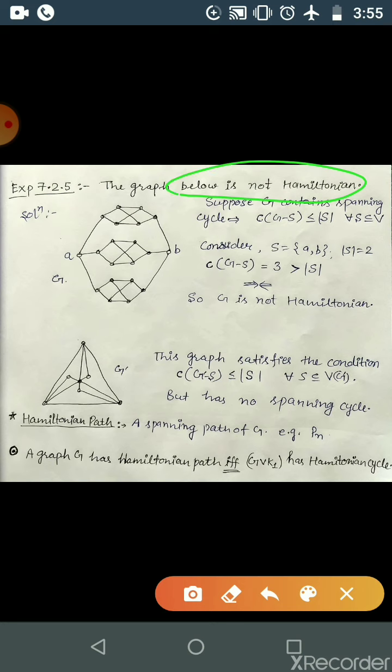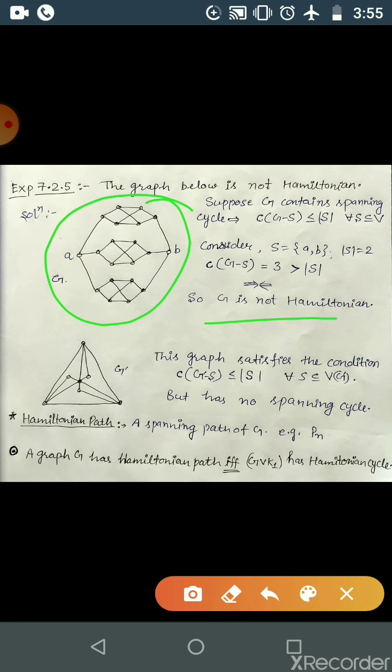You can just try to find some spanning cycle. You will never find one. Any spanning cycle does not exist. That's why this is not Hamiltonian.